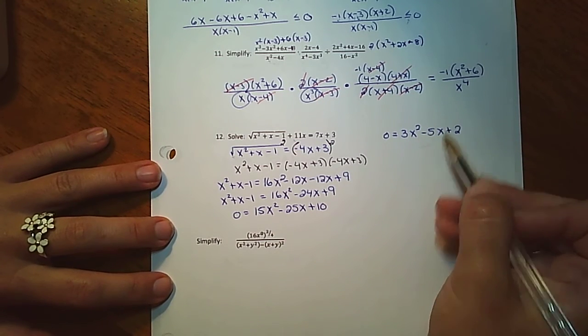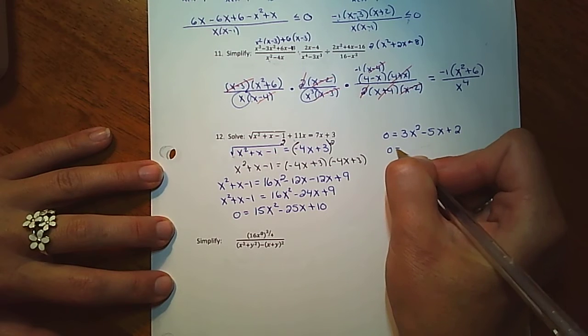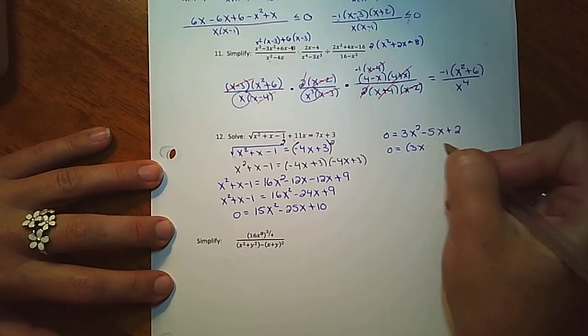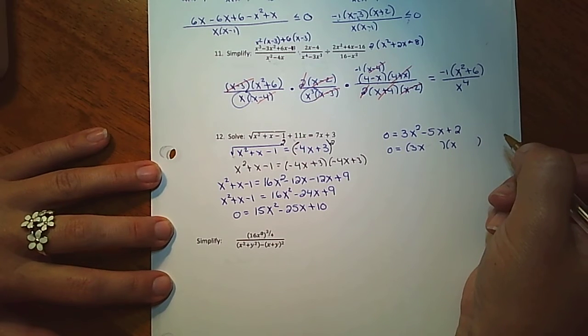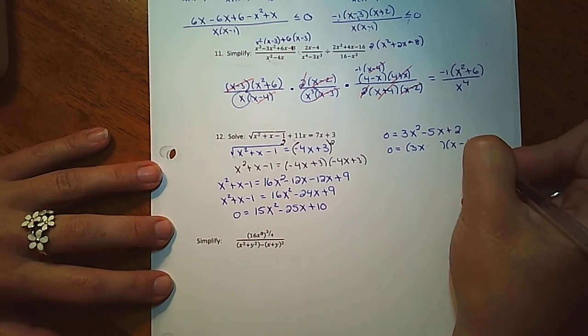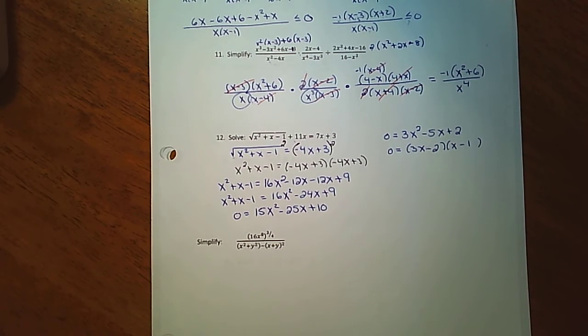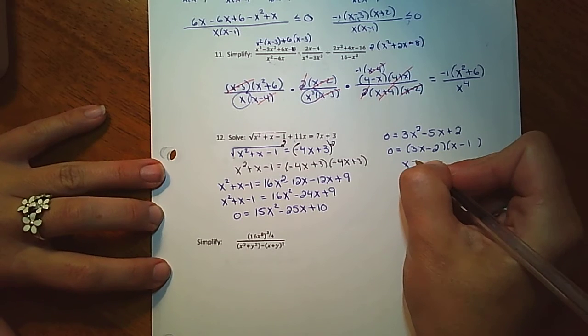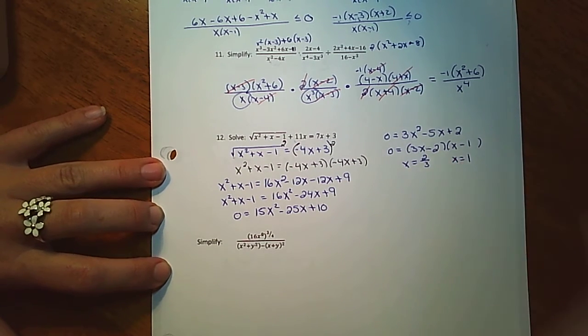So now at this point you can either use the quadratic formula or factor this. This factors into 3x and x. It looks like it's going to be minus 1, minus 2 in order to get the negative 5 in the middle. So that means our two possible answers are 2/3 and 1.